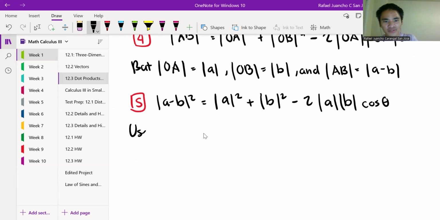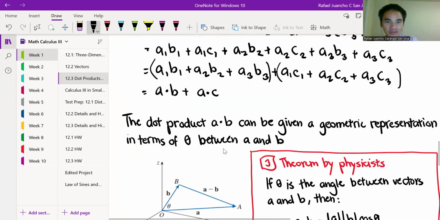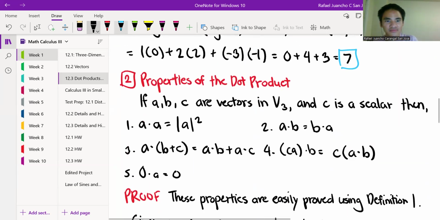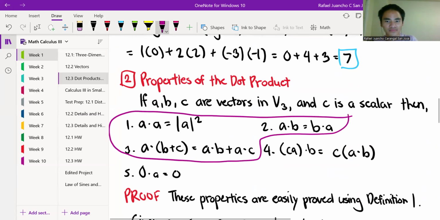So here we use properties 1, 2, and 3 to rewrite the left side. So what are properties 1, 2, and 3? Well, basically it's this one. These guys here.